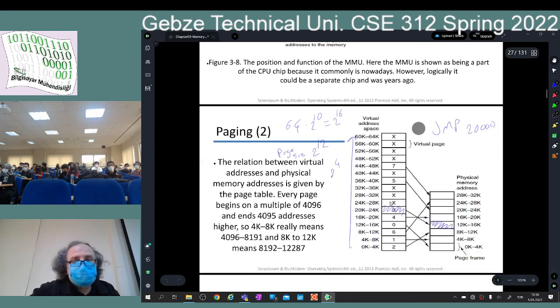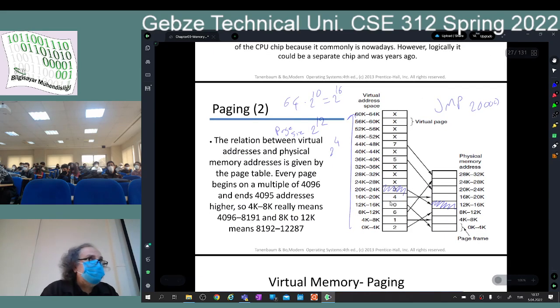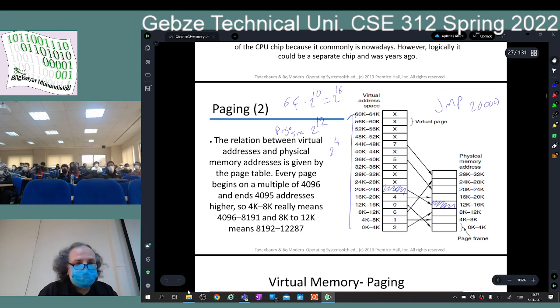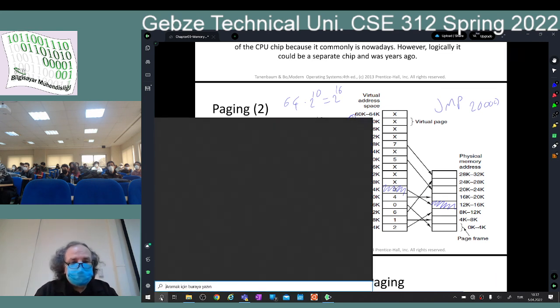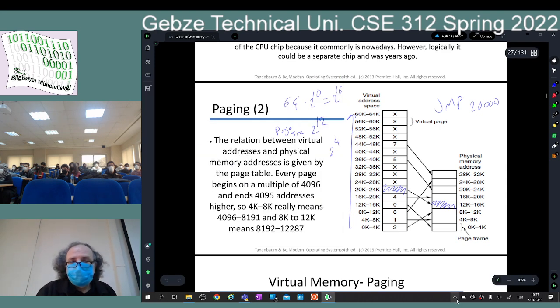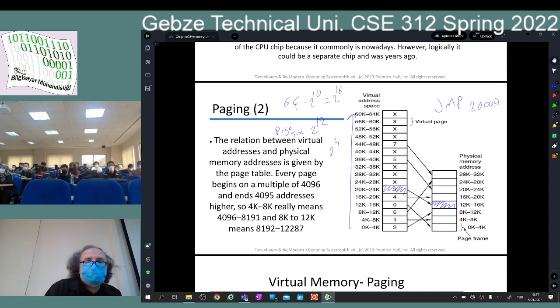As you see, this is a page table of size 16, which is not that large, but as we are going to see, each page will be automatically translated to these physical memory addresses, no problem, and this is going to be done by the hardware.